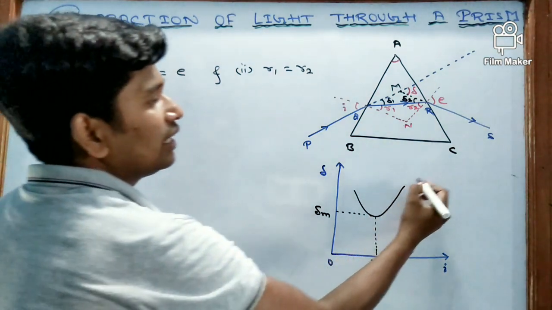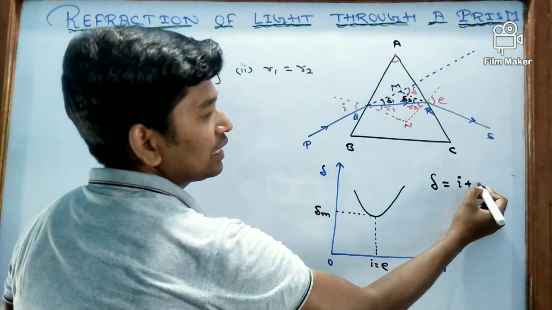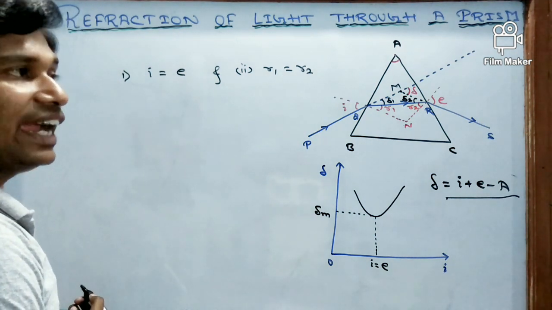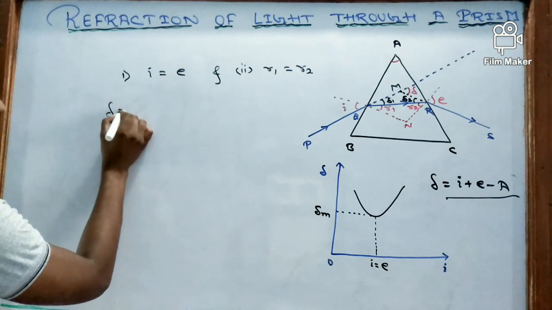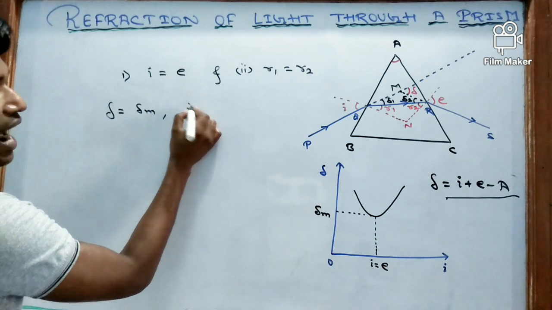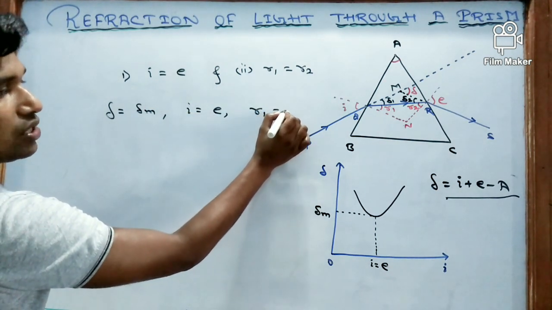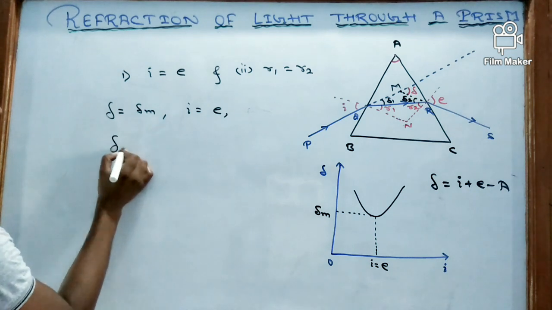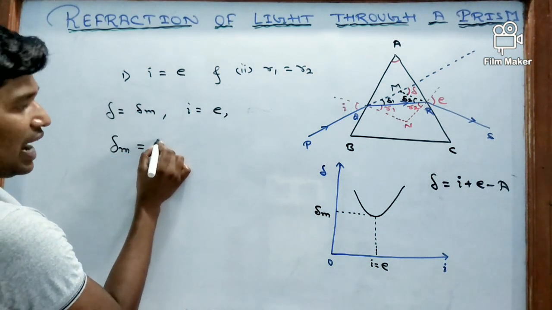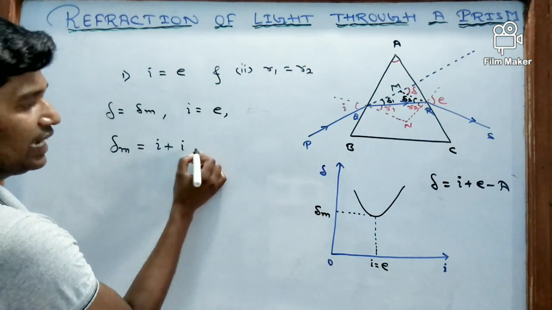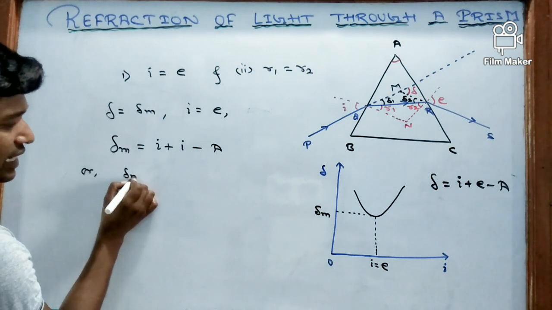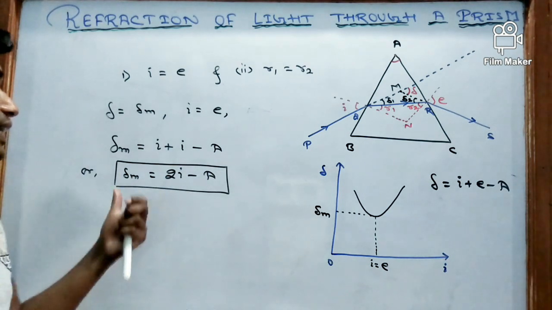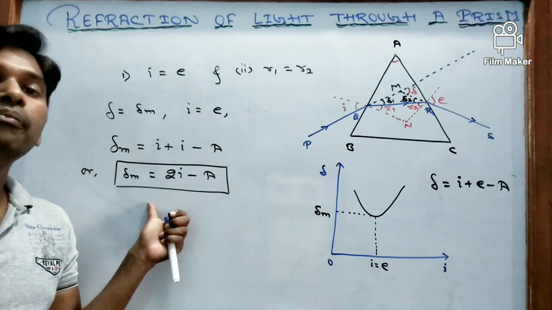As we have the formula delta is equal to I plus E minus A, for minimum deviation delta m, I is equal to E, so we can write delta m is equal to I plus I minus A. So delta m is equal to 2I minus A. This is the formula for determination of minimum deviation.